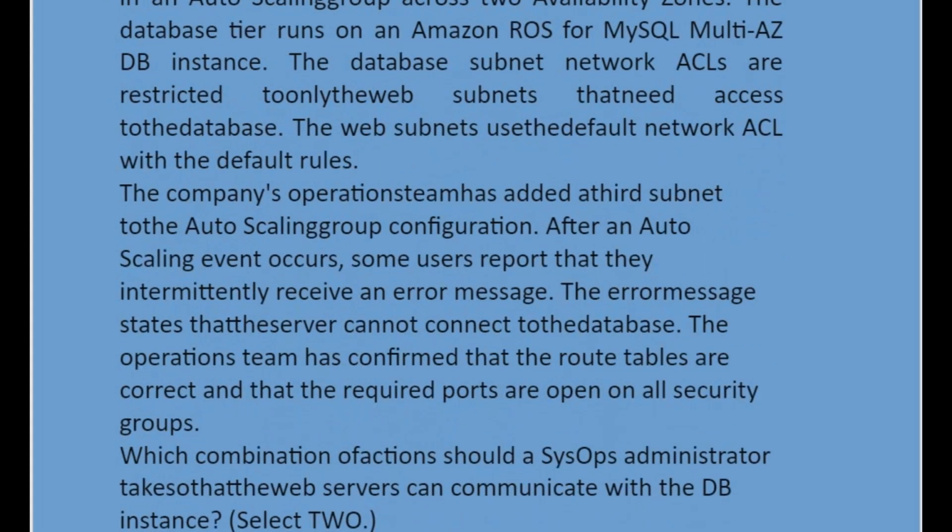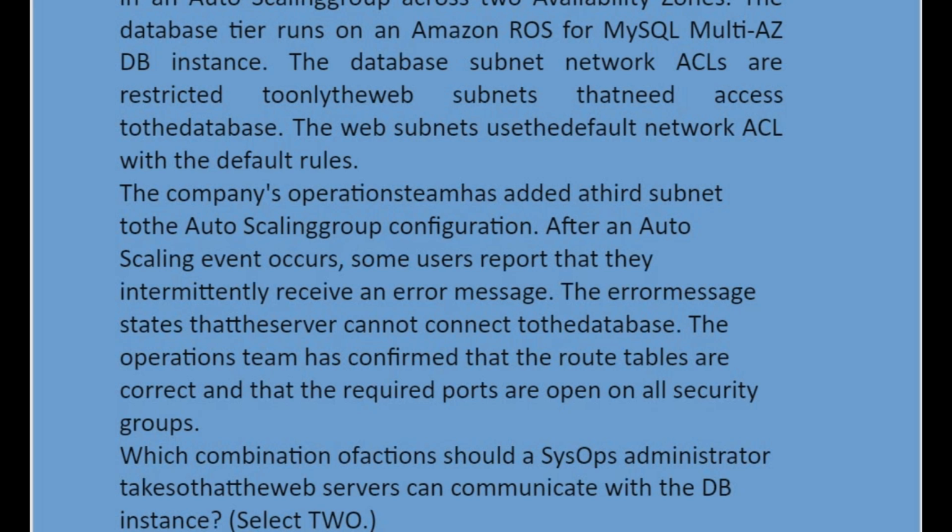The company's operations team has added a third subnet to the Auto Scaling group configuration. After an Auto Scaling event occurs, some users report that they intermittently receive an error message. The error message states that the server cannot connect to the database.